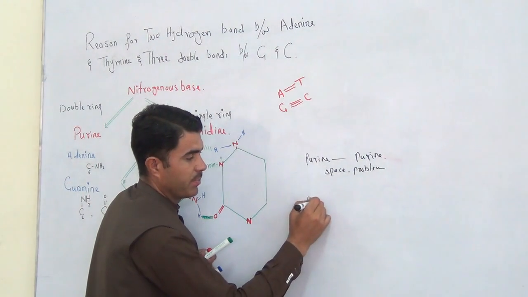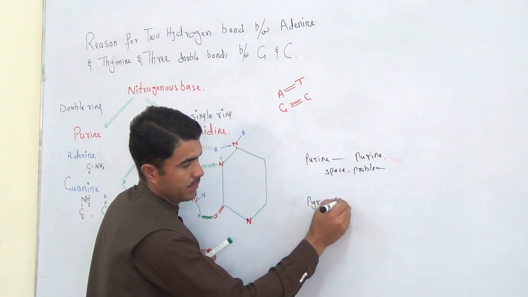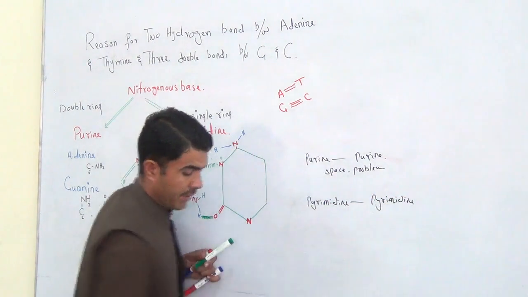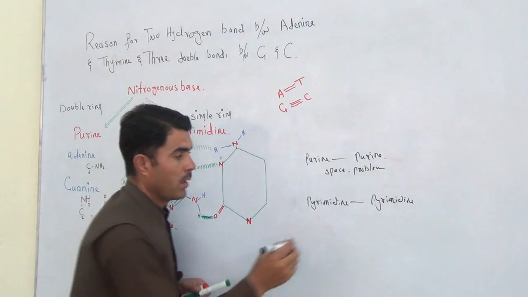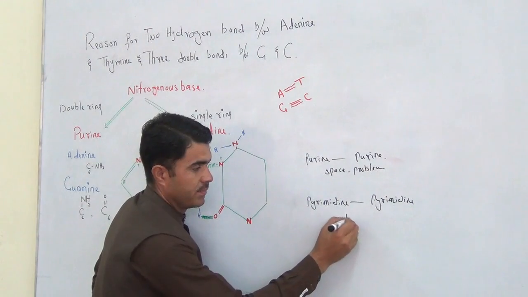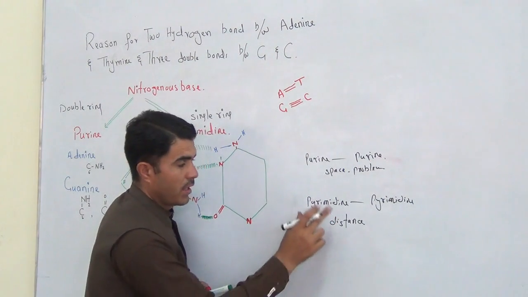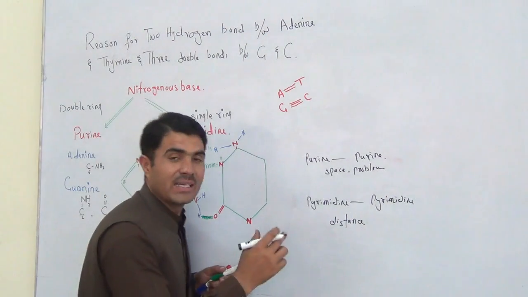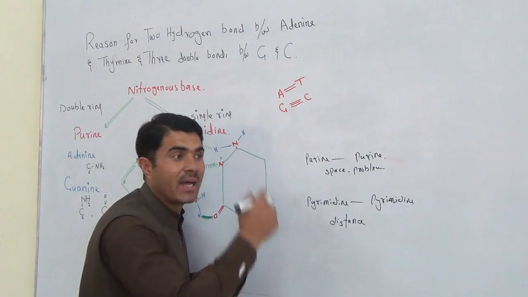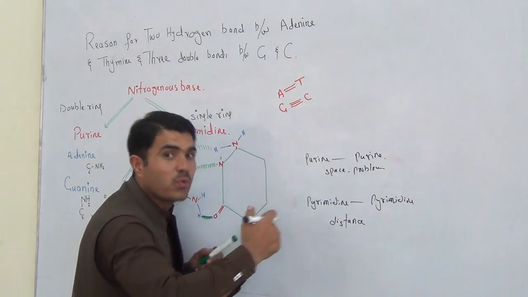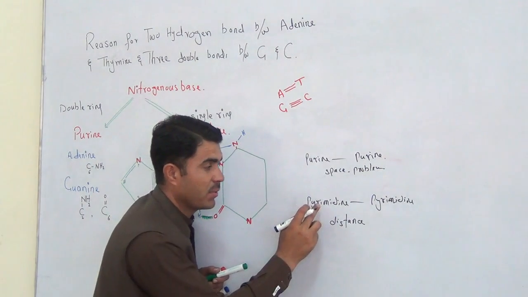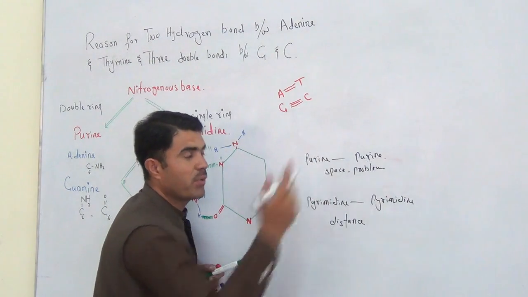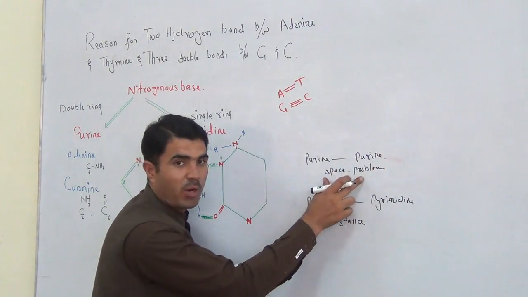And if we attach pyrimidine with pyrimidine, then according to that book of Satyanarayan, there will be a problem of distance. If we attach pyrimidine with pyrimidine, it will not be possible, because the hydrogen and the other atom that are going to make the hydrogen bond will be too far away from each other, and that is why there will be no possibility of pyrimidine bonding with pyrimidine. For purine, there is a space problem.